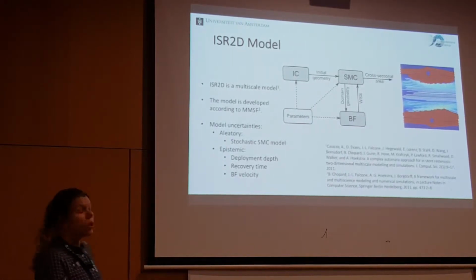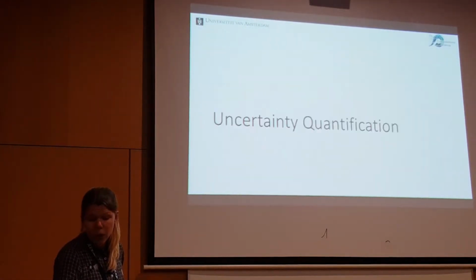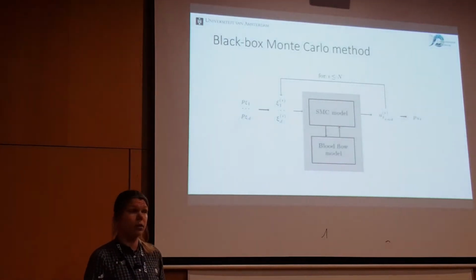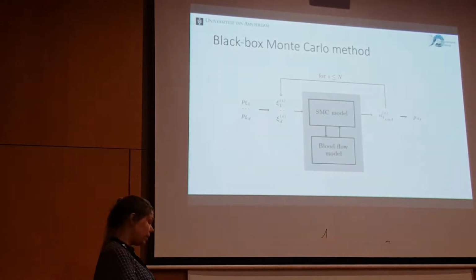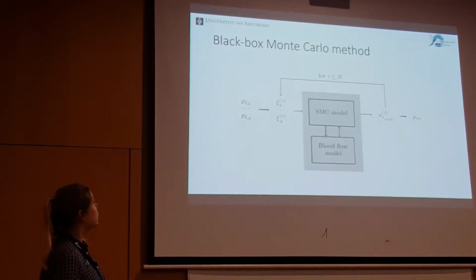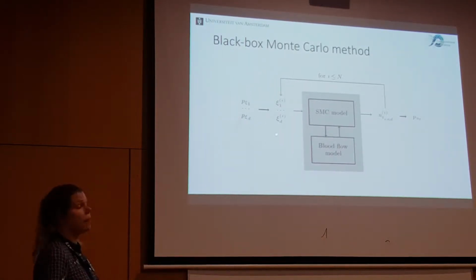And our goal in this work is to estimate uncertainty in our quantity of interest, which is the cross-sectional area of the artery. The first method we use is the black box Monte Carlo method, which is the simplest and most generic method. To give you a brief idea, if you're not familiar with it: the uncertainty is given by probability density functions of our parameters.